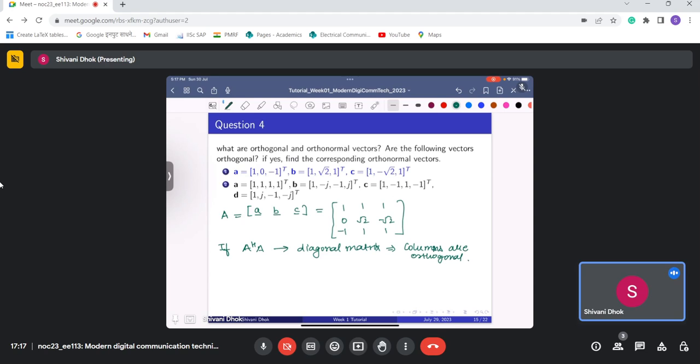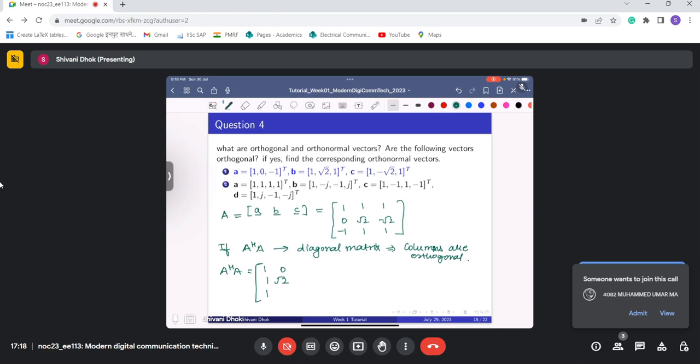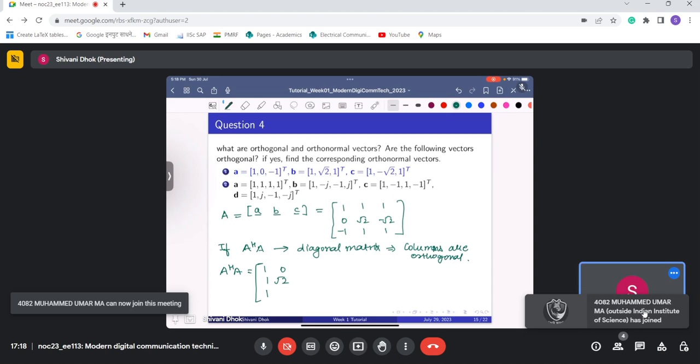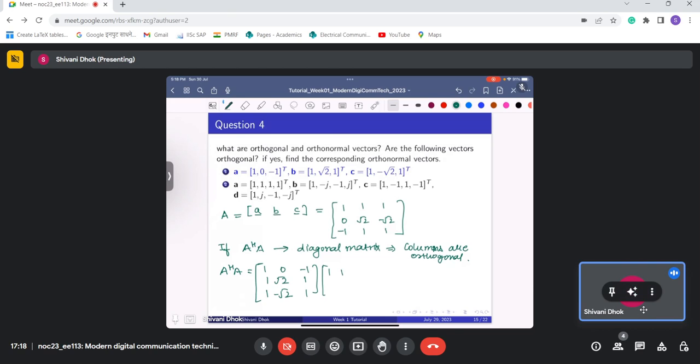So let's do that for this. A Hermitian A in our case will be 1 1 1, 0 root 2 minus root 2, and minus 1 1 1, multiplied by 1 0 minus 1, 1 root 2 1, 1 minus root 2 1.